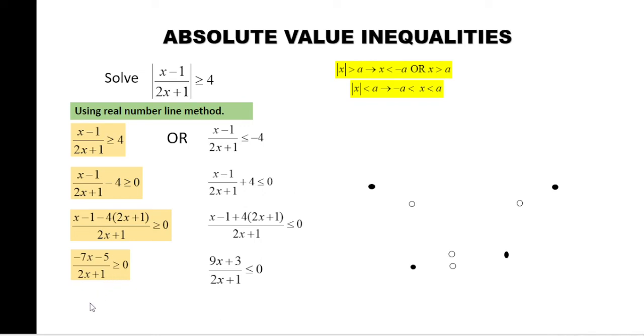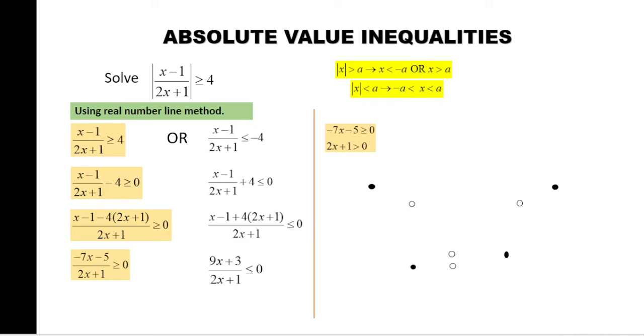Let us take all the factors greater than 0. So we have here the first factor, negative 7x minus 5 greater than or equal to 0. For the second one, on the denominator, the equal sign we have removed because if we put the equal sign, the function will be undefined.